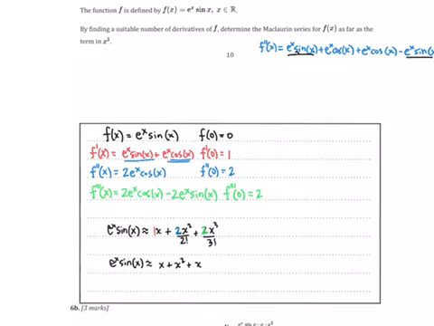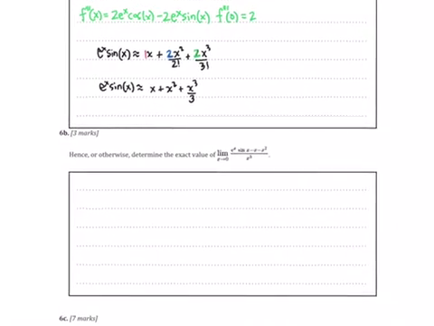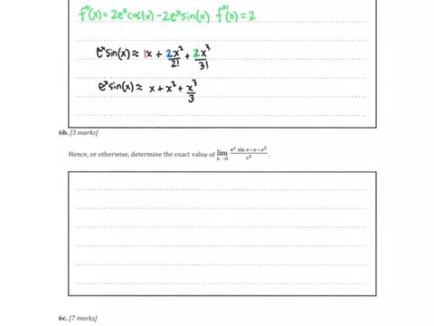Plus x cubed over 3. All right, so there you have it. 7 marks. I would say that's a very, very accessible 7 marks, which gets you on your way to passing the exam.